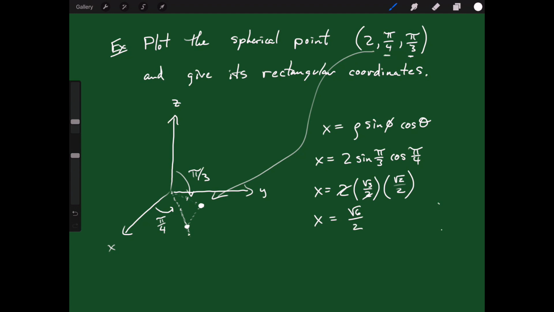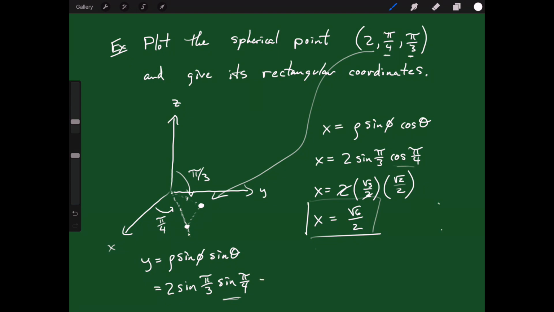Okay, now I need y, so that's my x value. Y is equal to rho sine phi sine theta. So this is the same, 2 sine of pi over 3, sine of pi over 4. Sine of pi over 4 is the same as cosine of pi over 4, root 2 over 2. So everything's the same here, and I get root 6 over 2 for y.